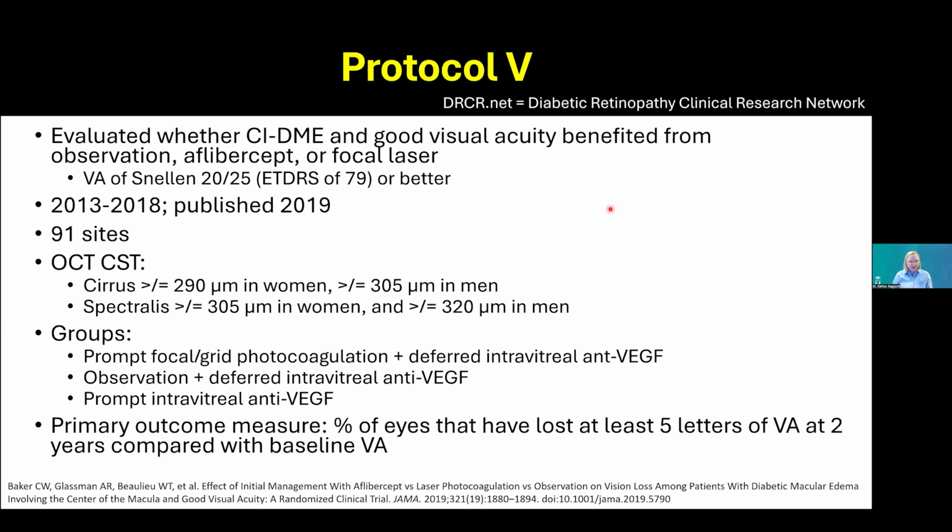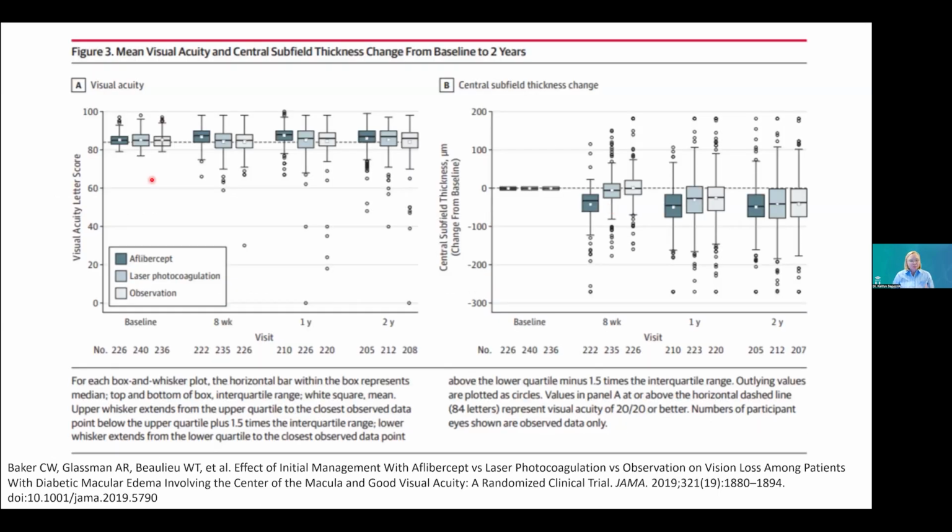And what this study found is that in patients with good visual acuity, when we look at our baseline compared to 2 years, and these are box plots showing the aflibercept group or anti-VEGF group, the laser group, and the observation group, there's no statistically significant difference here, regardless of if they were treated or just observed.